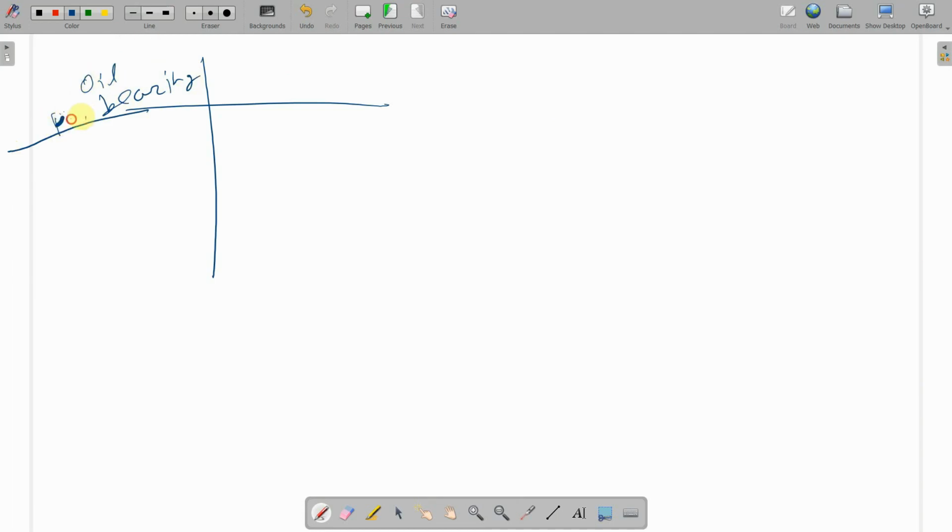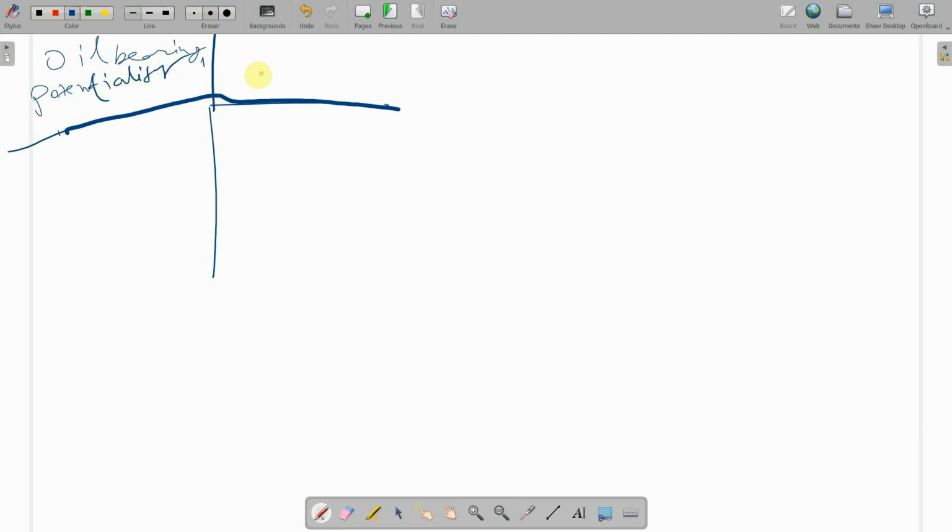So this is oil bearing potentiality, and this is porosity, phi t in percentage.